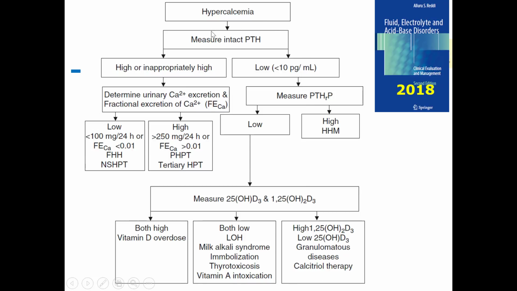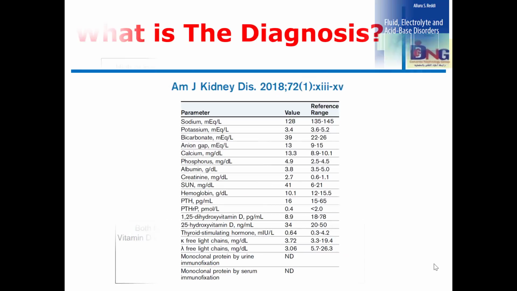We should measure intact PTH, followed by assessing calcium in urine, and then PTH-related peptide. If there is no answer from all these, we should think of measuring active and native vitamin D, and use the clinical, laboratory, and radiological findings all together to reach the diagnosis.